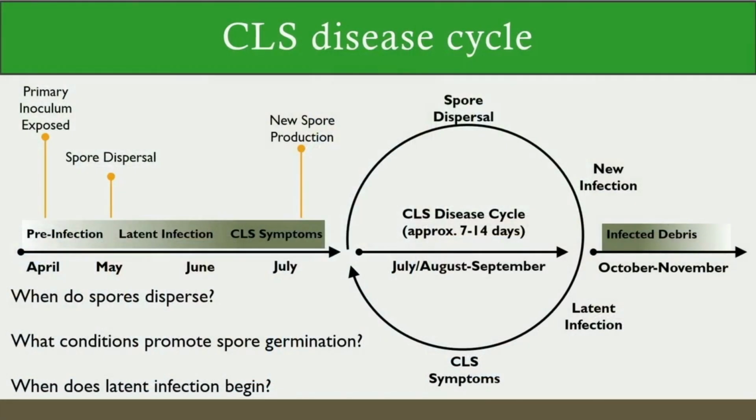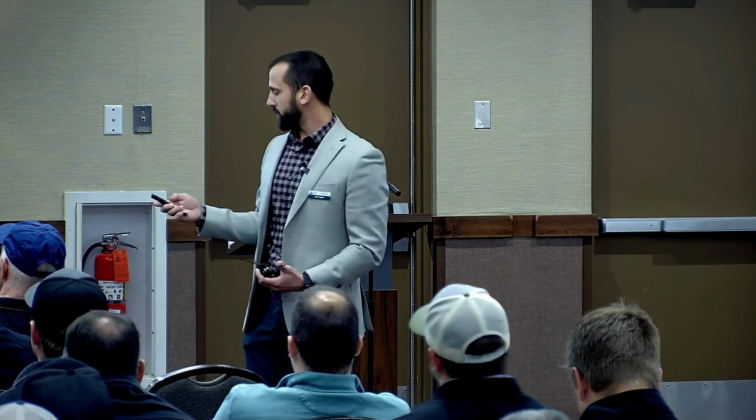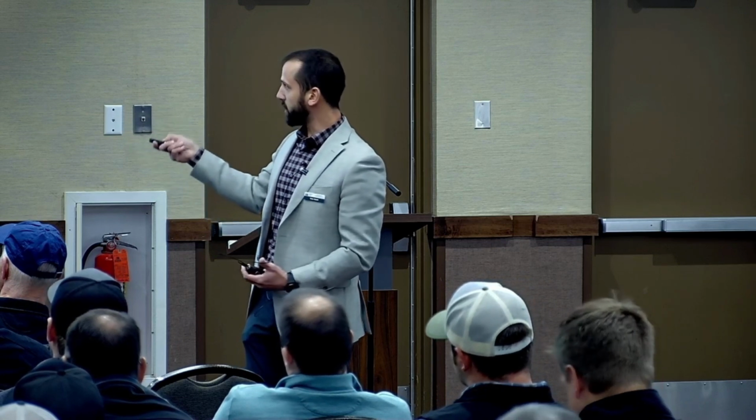Now, in the work that Dr. Secor, my colleague at NDSU Plant Pathology, has been doing with me to develop a more comprehensive understanding of the CLS disease cycle, a ton of work had been done in the polycyclic phase of this interaction, which is this big giant circle here in the middle.